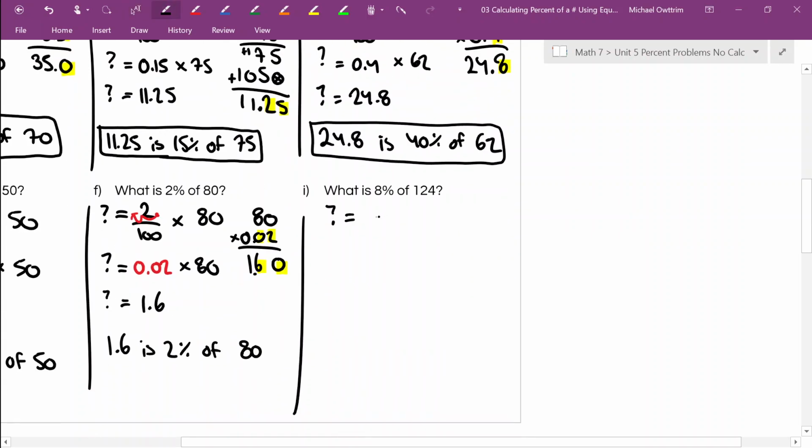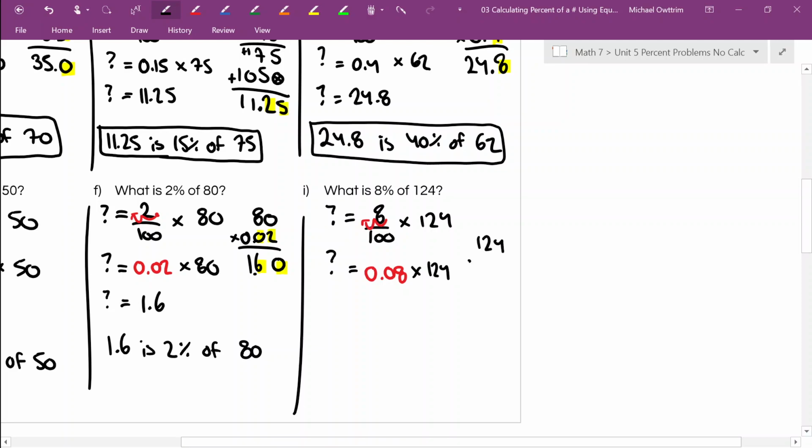What is 8% of 124? Convert to decimal. Again, make sure you move that twice. This is 0.08 times 124.